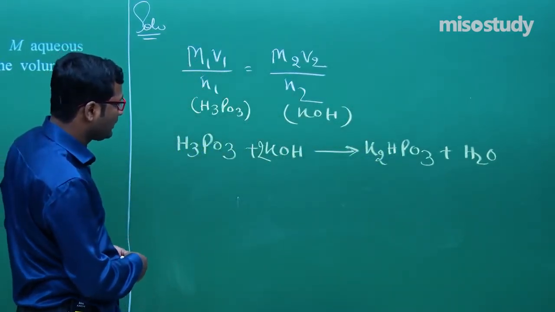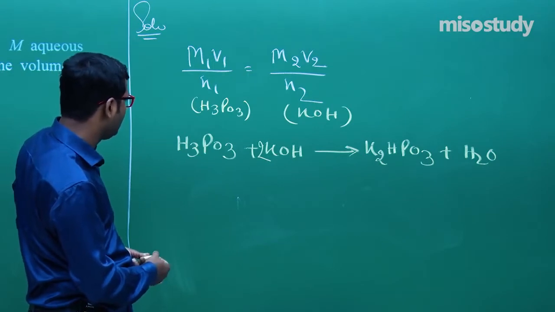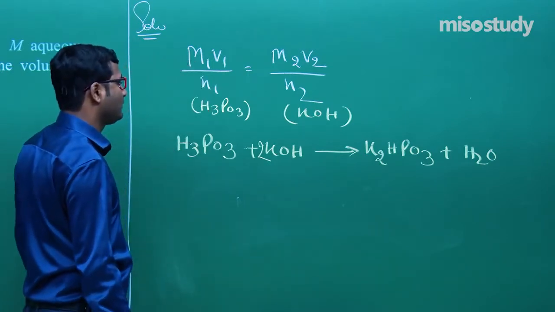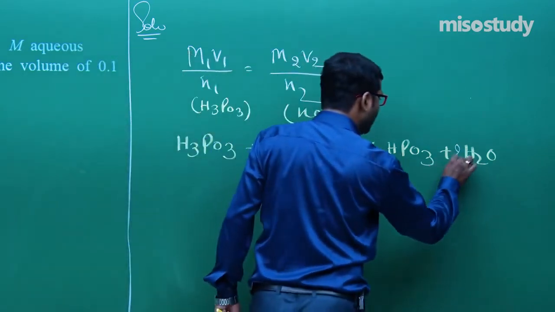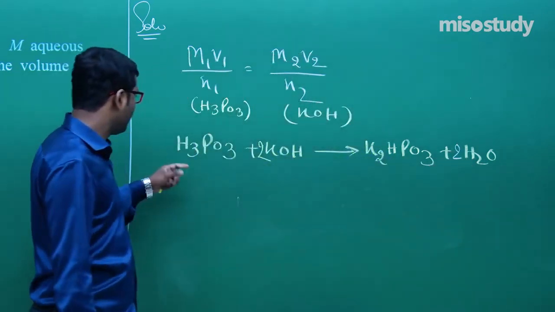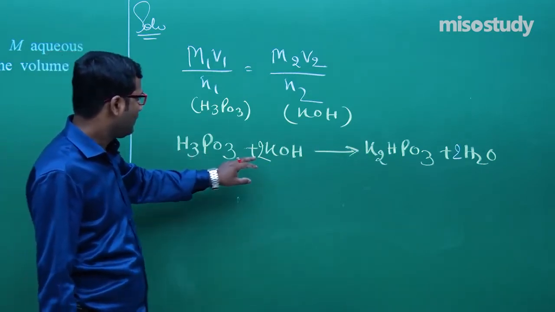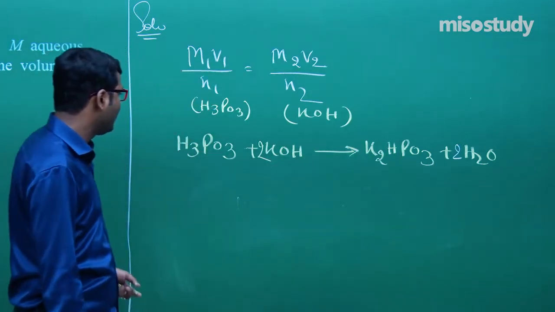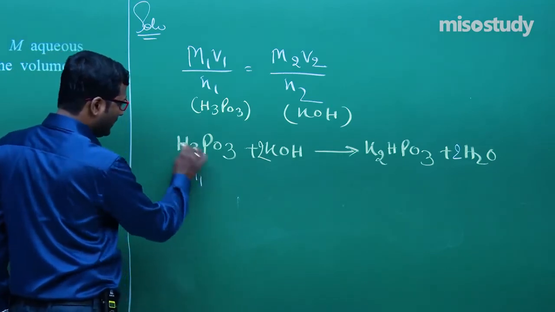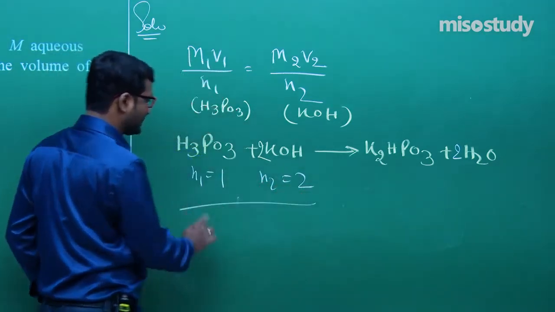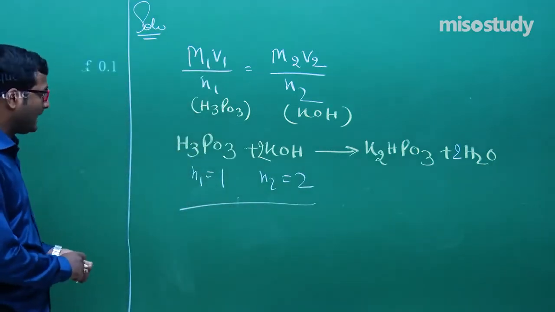Now hydrogen is 3 to 5, and here is hydrogen 1, put here 2. Now check it out, oxygen here is 3, HPO3 balanced, oxygen here is 2. Now completely balanced, that is N1 here 1 mole, and N2 here is 2 mole. Yes sir, N1 is 1 and N2 is 2.